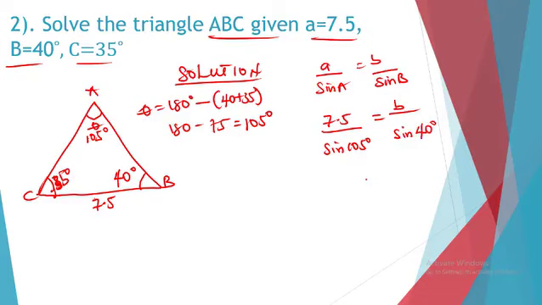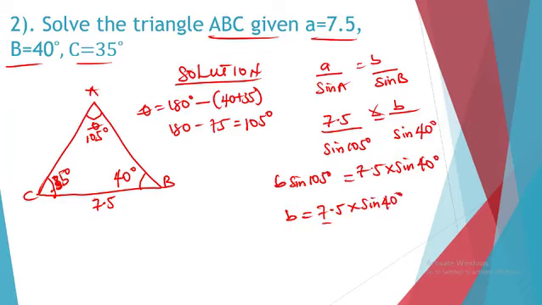If we cross multiply, we have b sine 105 equal to 7.5 times sine 40. Then b is equal to 7.5 times sine 40 all over sine 105 degrees.